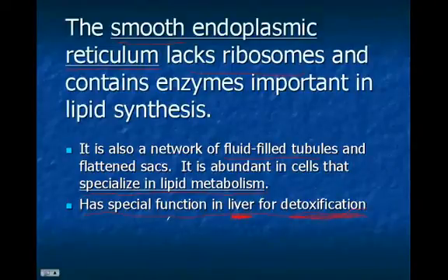So we're going to produce extra smooth endoplasmic reticulum. And that's exactly what they do. Your liver cells will actually produce more smooth endoplasmic reticulum, and that allows them to detoxify that alcohol even faster. So this is what builds up your tolerance.